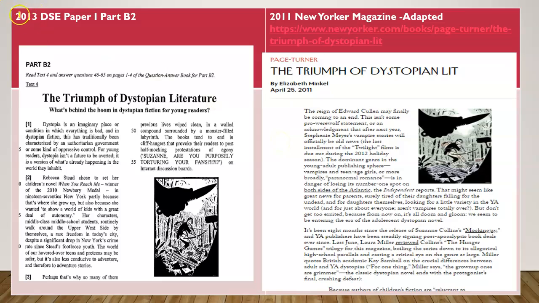Okay, so this one is 2013 DSE paper 1 part B2. It's about dystopian literature. The title is exactly the same with an article published in 2011, 2 years before, in New Yorker magazine. Okay, this one is adapted.